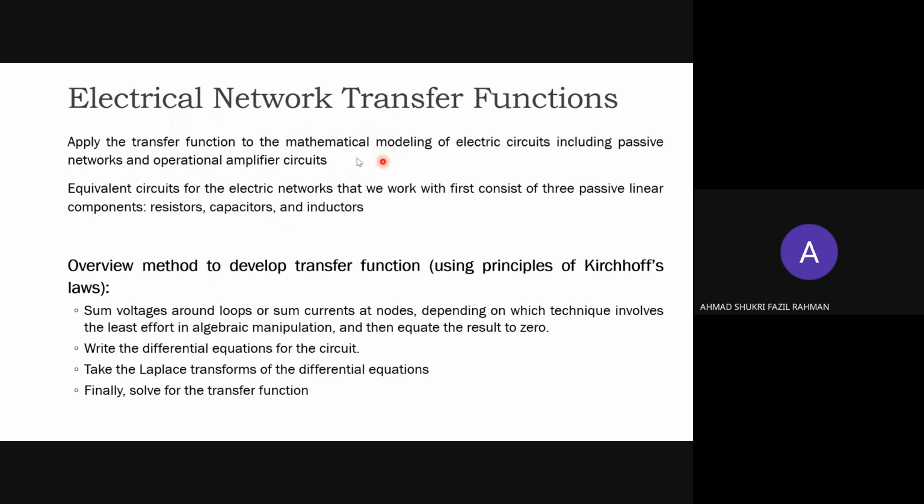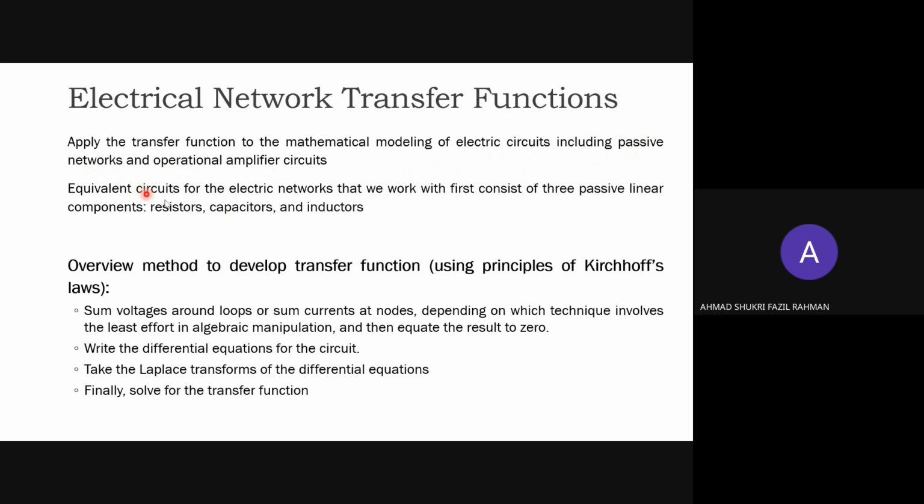Basically, we need to know the type of network the electrical network consists of. It consists of passive network and also operational amplifier circuit. These two you will learn later, but right now we will look at passive network.